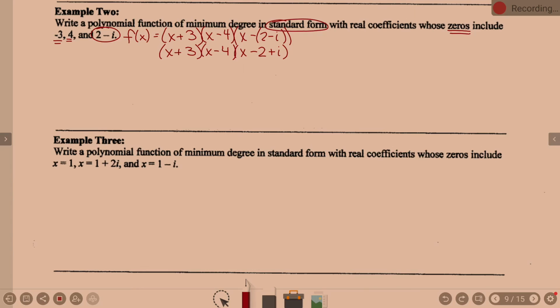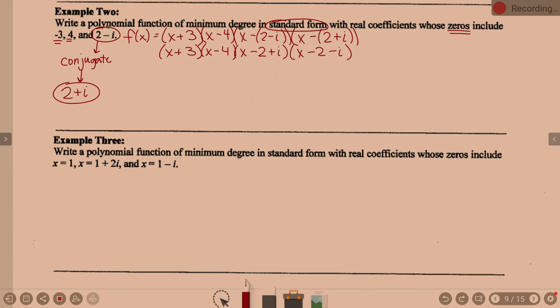What's the conjugate of 2 minus i? 2 plus i. So we're going to have a fourth 0. They're not going to tell you that. They're not going to say 2 plus i is 0 and 2 minus i is 0. They're going to say 2 minus i is 0, and you have to catch that you need to put the conjugate in there. If I write this out with the double parentheses, it's x minus the quantity 2 plus i. But if I distribute that minus, it's x minus 2 minus i.